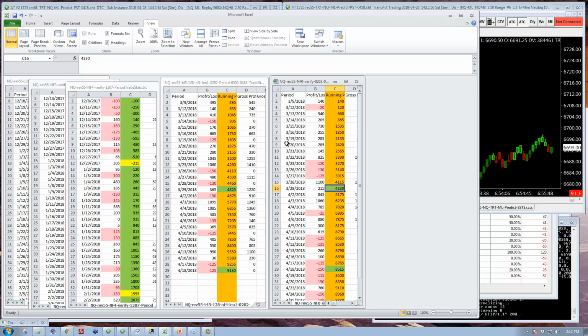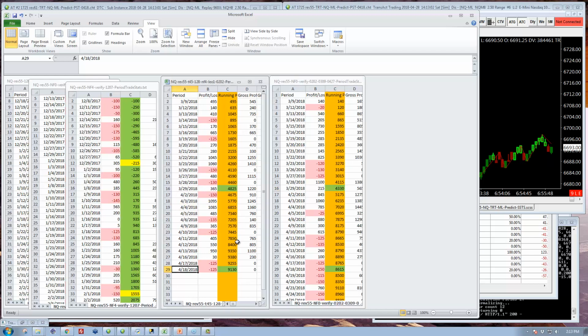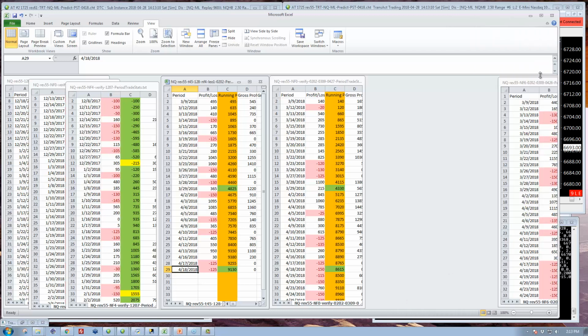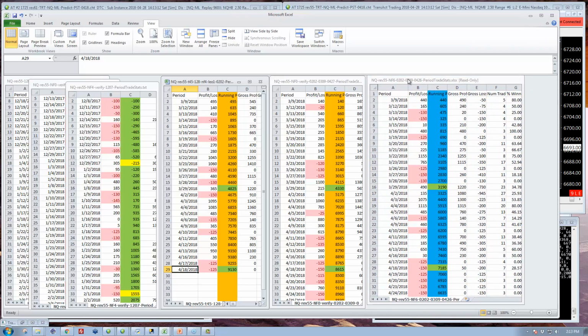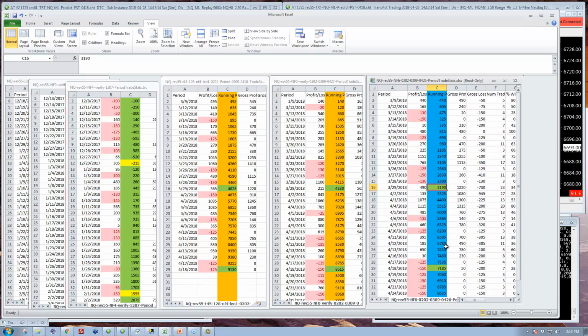So let's put the two together and see what happens. What if I use a noise filter of 4, which I know keeps me out of trouble in a lot of cases, and then also add a verification bar? All right, so that's what this is hiding over here. It's in the blue column now. And it's not bad. It reduces, right?